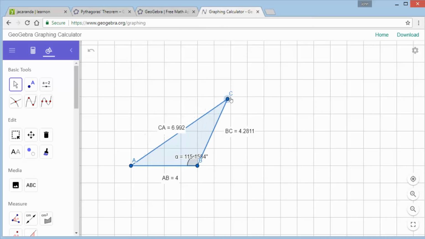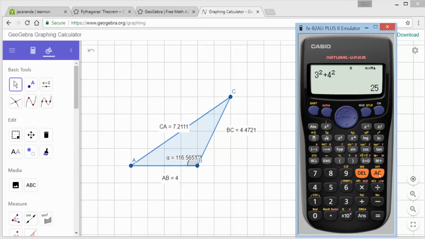Let's look at a triangle that's not a right angle, and here it is. And this is the key thing, this is why this is special. If I put in 4.4721, square that, and add to it 4 squared, so I've squared those two sides, BC and AB, you get about 35.